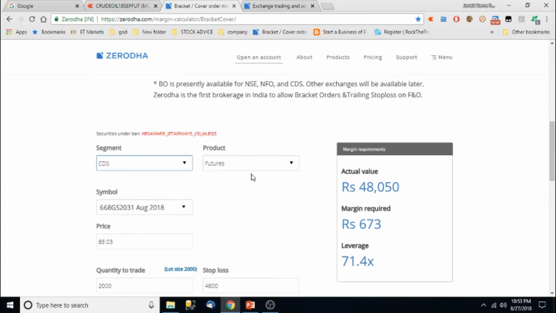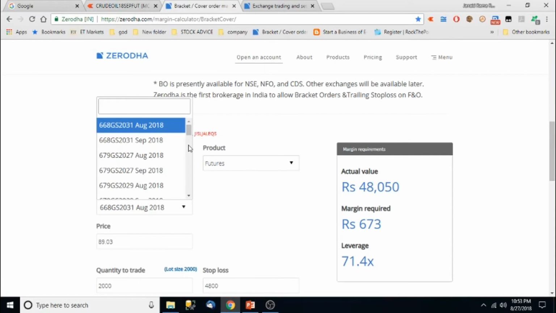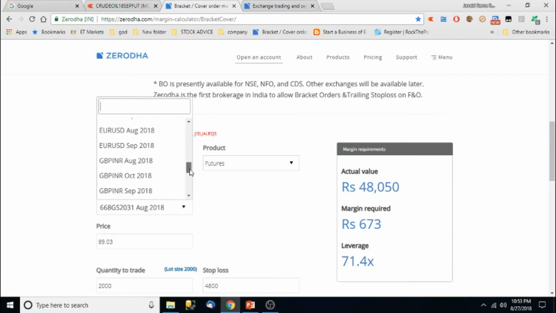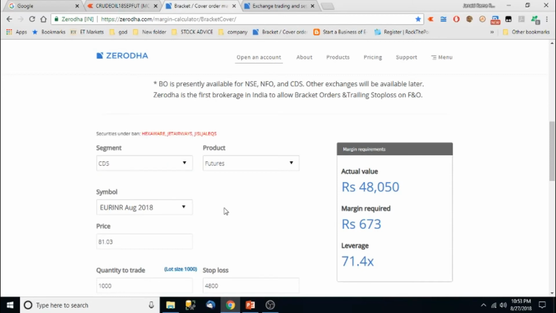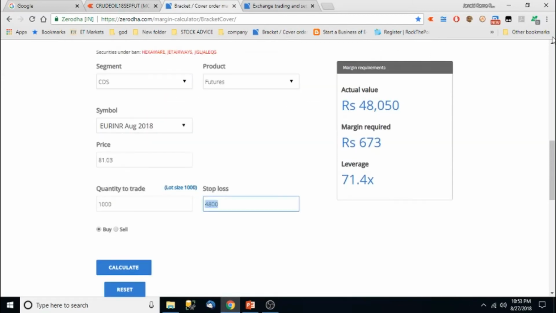Yes, currency derivatives are also the same. We'll go with Euro INR because we have seen this before also. Let's take 80 rupees as a stop loss. We'll calculate it.